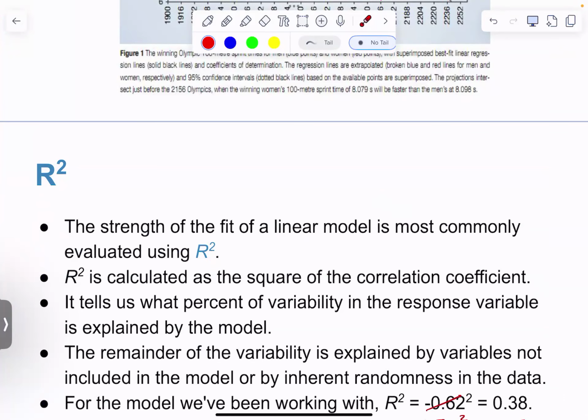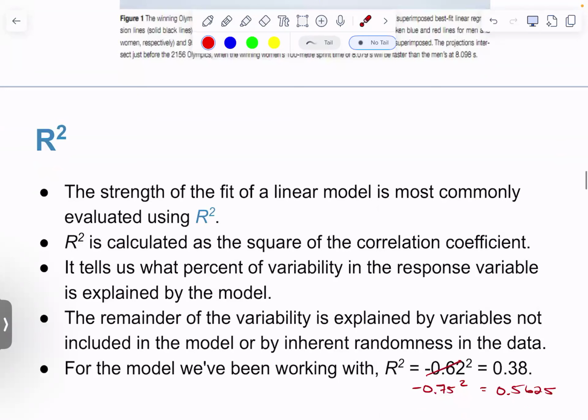So if you're in chemistry, biology, physics, you would be comparing R squared values. Oh, I got an R squared of this. Oh, wow, that's so great. I know. It'll happen to you. But what's the R squared?